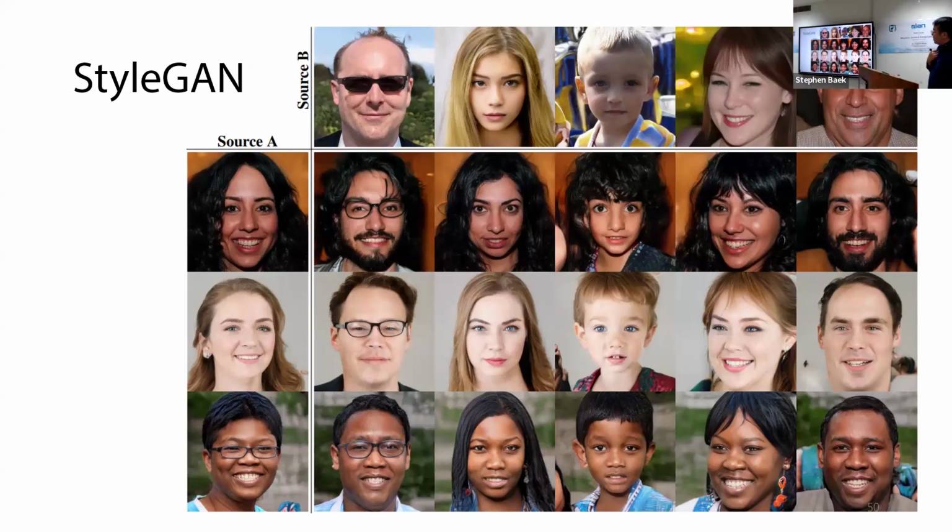So we have source A and source B, and then, in between, we have the blending of those different individuals. So if you mix this lady over here with this lady, this is what you get. That they sort of inherit of each other.